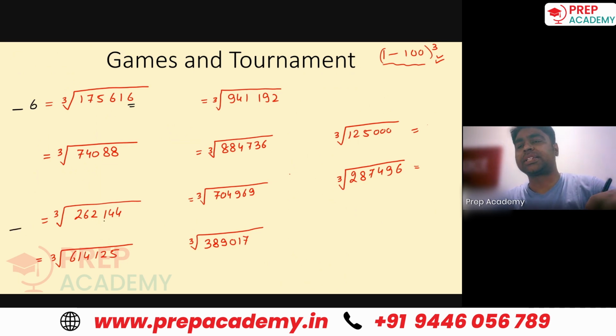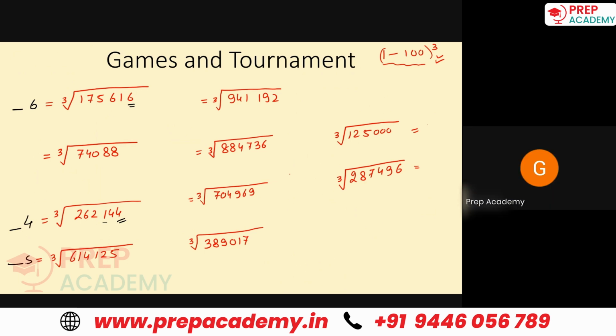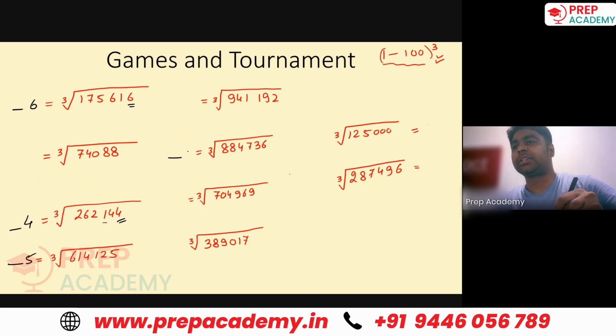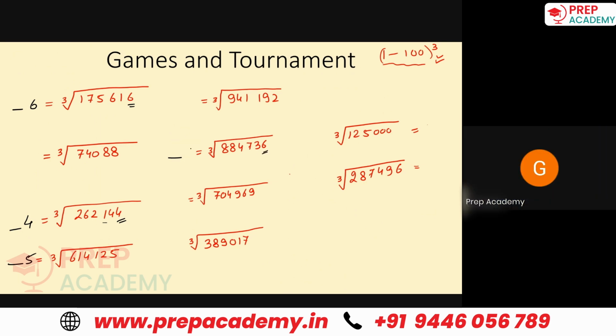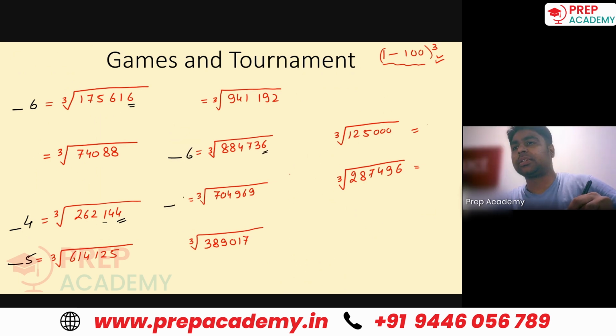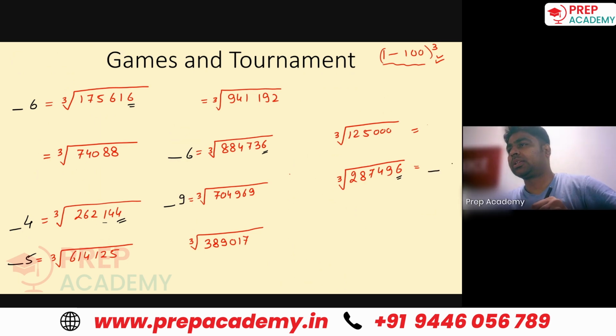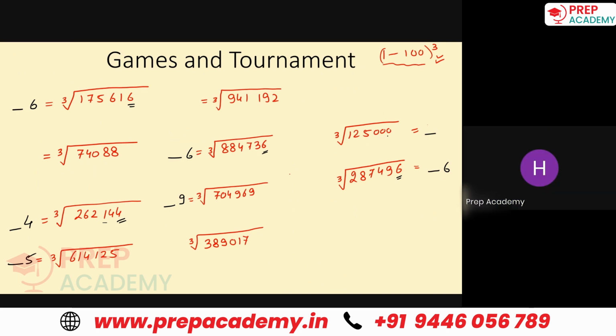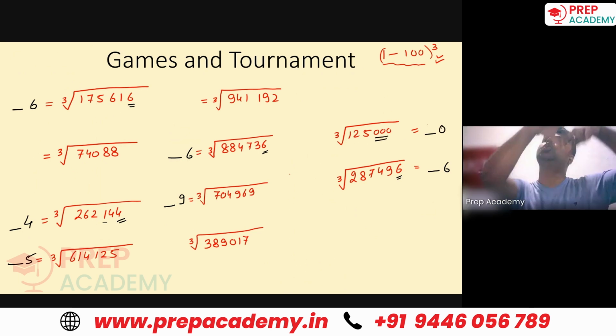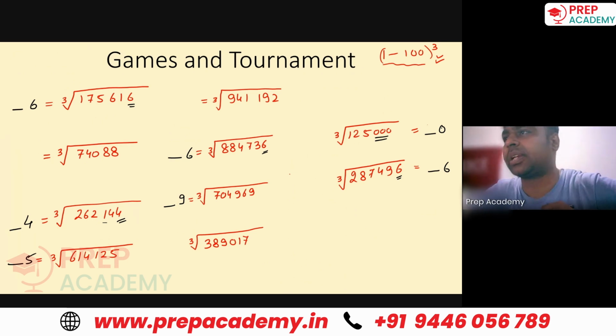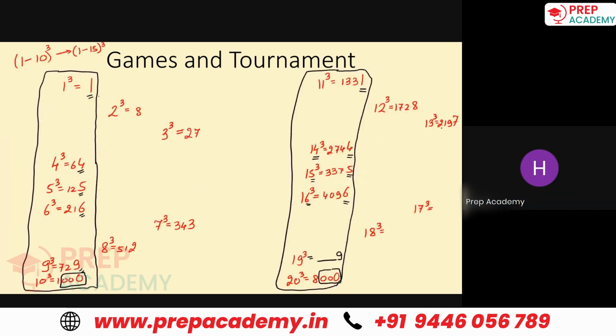This number will be ending with 4, and this will be ending with 5, this one 6, this will be ending with 9, and this will be ending with 6. And this will be ending with 3 zeros. No, the cube has 3 zeros, but the cube root will be ending with a single 0, right? Yes, sir. Sorry. Perfect.